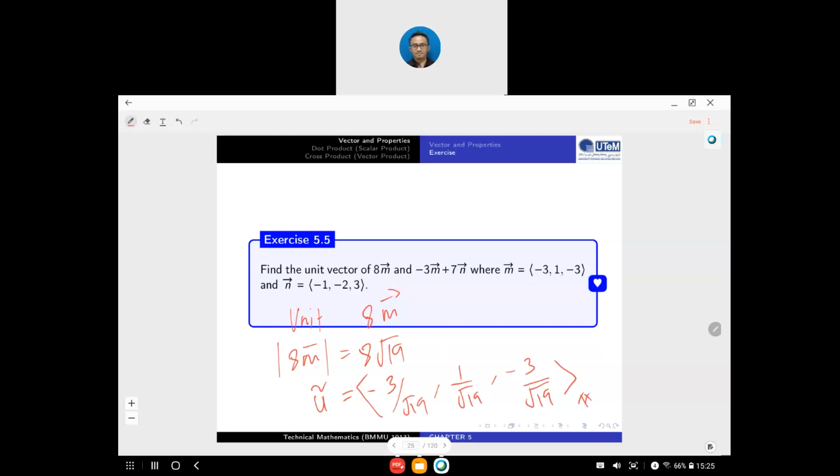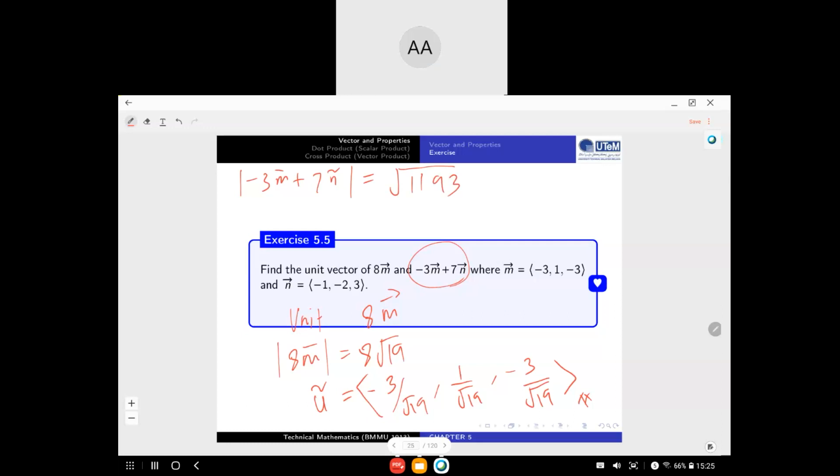Next, look at the second one, -3m plus 7n. What is the magnitude? The magnitude of -3m plus 7n is the square root of 1193. Is it correct?